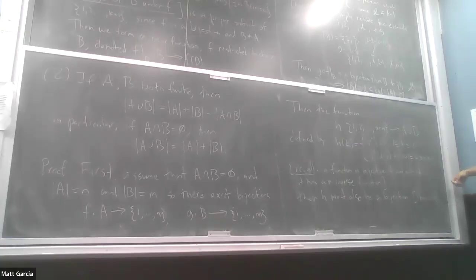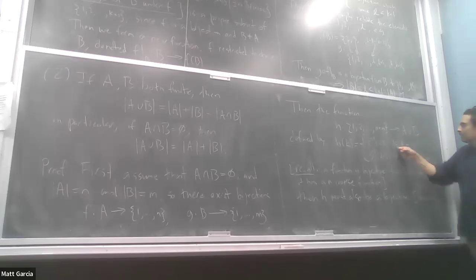That it is both injective and surjective, right? Well, surjectivity is pretty easy, because every element of A corresponds to one of the natural numbers between 1 and n. So I know that every element of A will get hit by just one of these values here.